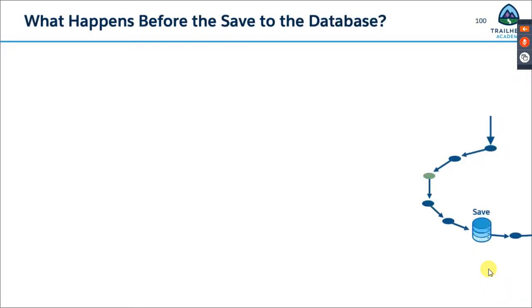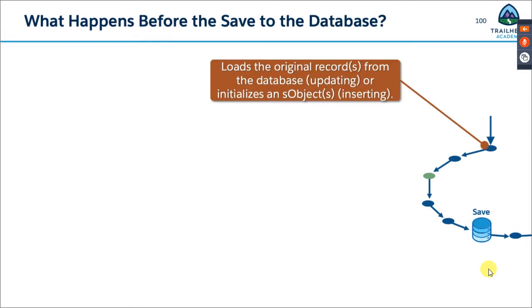So let's go through this presentation and animation, and go through each of those 20 steps one by one. When you save a record, you could be inserting or updating. If you're doing an insert, it will create a new object.